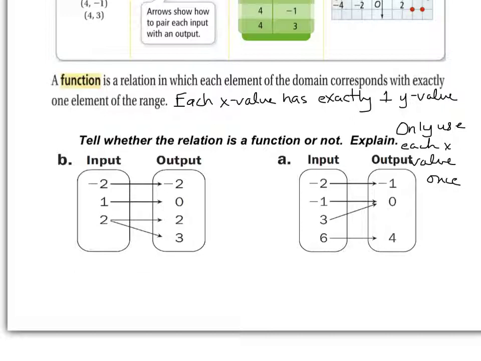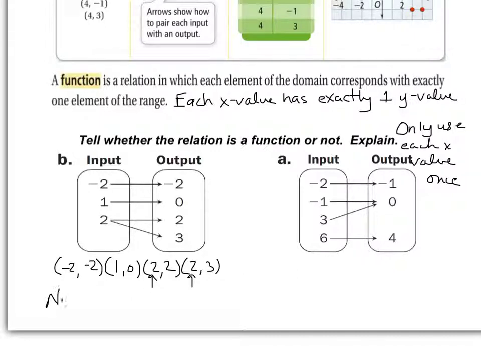So, letter B here, let's take a look here at the first one, letter B. -2 goes to -2, 1 goes to 0, 2 goes to 2, and 2 goes to 3. So, if I were to write these out as ordered pairs, okay, if I were to write these out as ordered pairs, you'll notice the X value 2 goes to 2 different numbers.